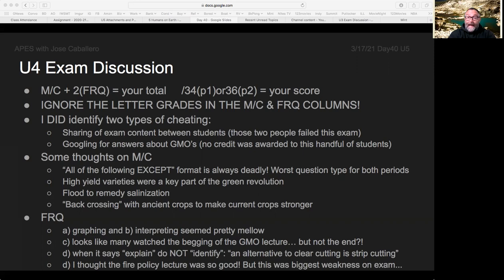Interestingly, they were not as low as other questions in other exams. I don't think that these were flawed questions. If 80% of students get the question wrong, that's my fault. The question was bad. On this exam, half of the students or better still got that question right, but the biggest weaknesses were those all the following except questions.